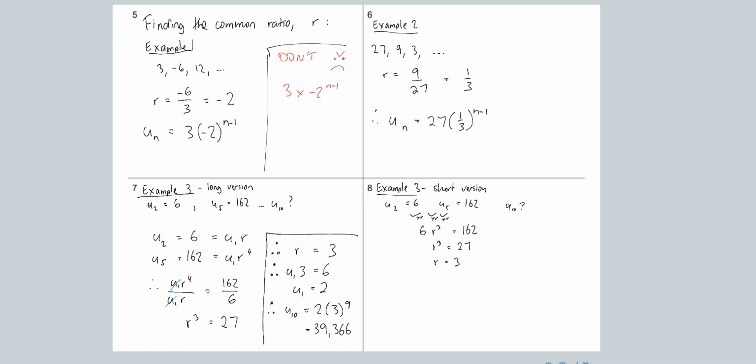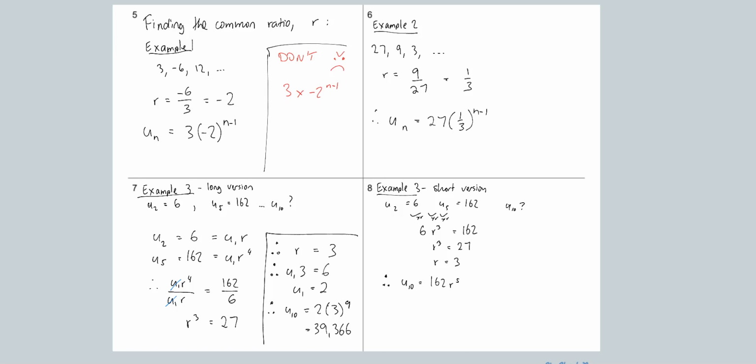To get to the 10th term, I need to go from the 5th term and go r times r times r, 5 more r's, right? So that means, therefore, u sub 10 is going to be the 5th term multiplied by r to the power of 5.